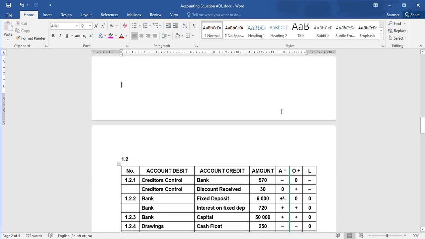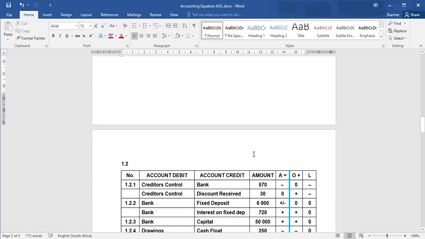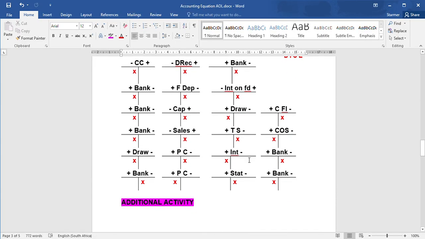And then the last transaction, a cash refund was received for stationery returned. If you're receiving money, the first thing that will change here will be your bank, and bank will be increasing because you're getting money. Your stationery is an expense going down. It's as if you haven't bought that stationery if you get a refund.